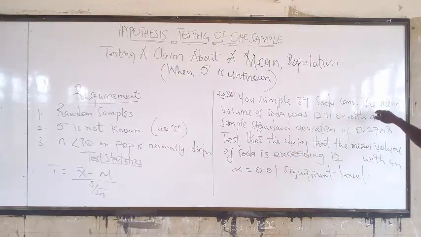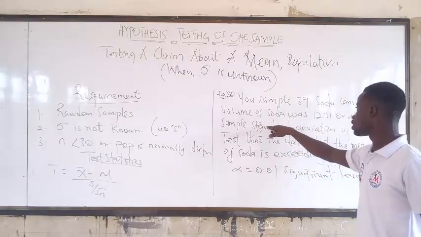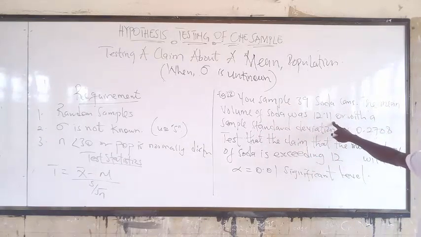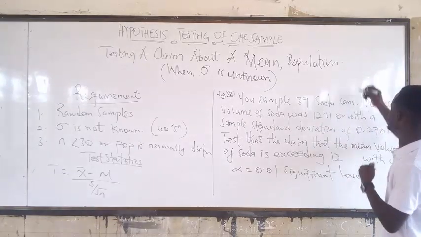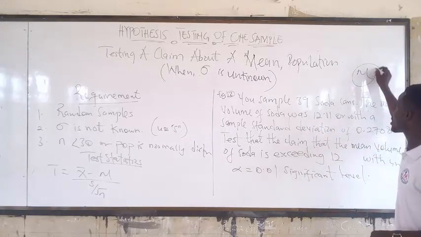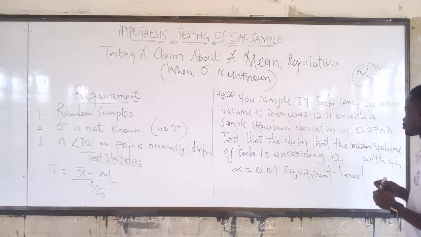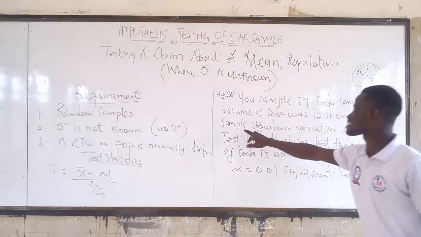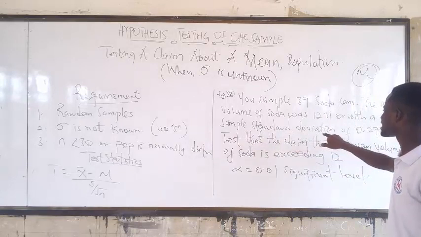Soda cans. The mean volume of soda was 12.11. The mean, hope we know what is coming in here. The mean here doesn't mean this. No. I have told you already that this is always where the claim is. Always a sample standard deviation.